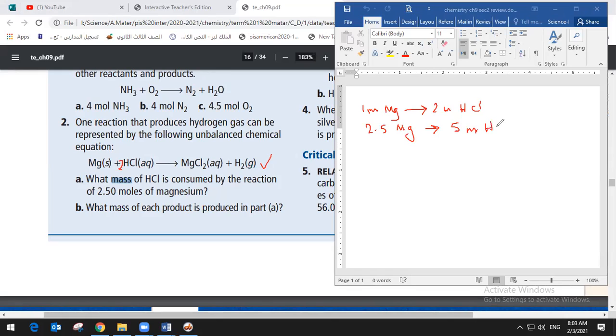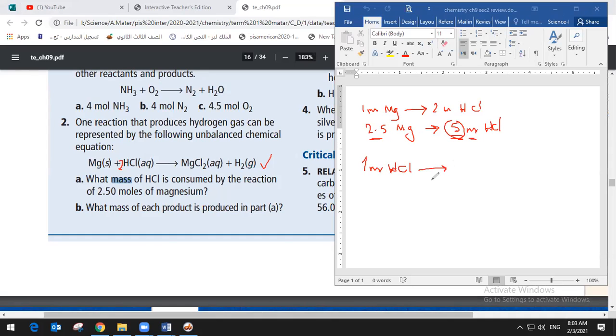So we already got the first step: the 2.5 moles of magnesium are able to produce 5 moles of hydrochloric acid. But the question doesn't ask in moles, he asks in grams. So we need to convert these 5 moles into grams. Let's find the molar mass of hydrochloric acid. 1 mole of HCl equals how many grams?